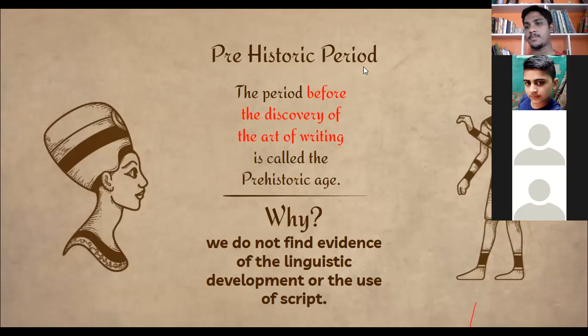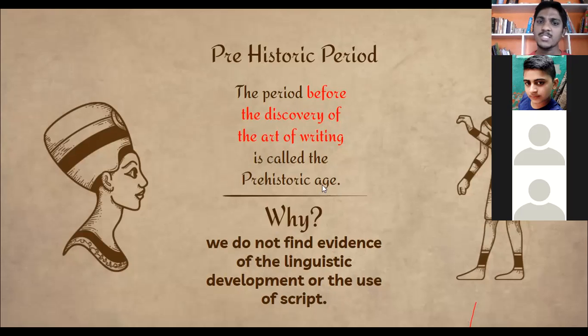Now, why do we say it is a prehistoric period? That is very important. Because we don't find any evidence of linguistic development or the use of script. We don't have any evidence of something written.